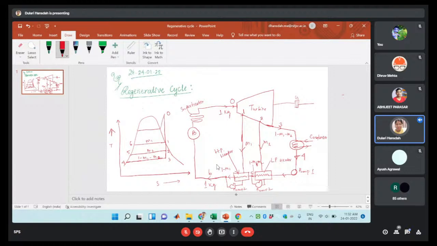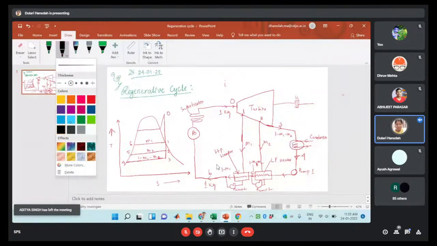So in the actual case, what will happen? Without using this heater, suppose you directly supply the condensate to the boiler. Already in the boiler the water temperature is higher, and you are supplying condensate with a low temperature. So when that condensate gets mixed with the boiler water, that process of mixing is an irreversible mixing.